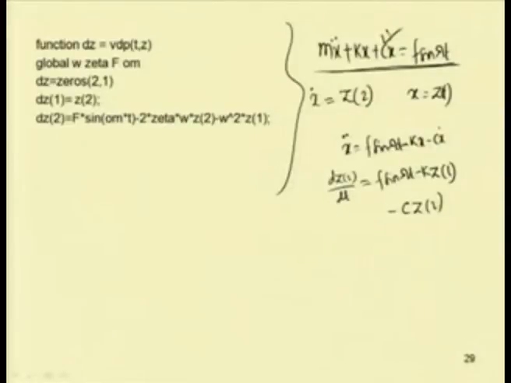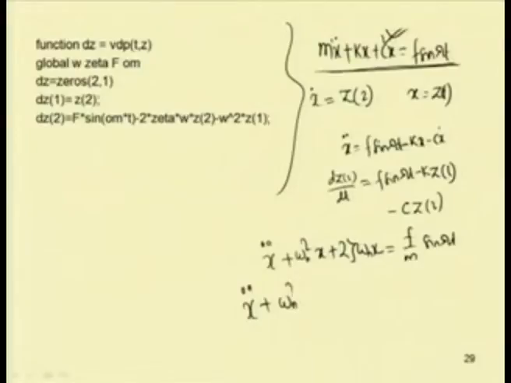Or this equation also can be written in the form x double dot plus 2 zeta omega n x dot plus omega n square x equal to f by m sin omega t. This f by m can be written in this form. So, x double dot plus 2 zeta omega n x dot plus omega n square x equal to f sin omega t. By substituting x equal to z 1 and x dot equal to z 2, one can get two first order differential equations.